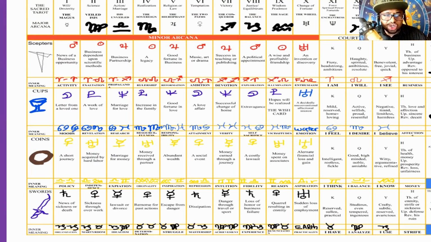Each one of these suits has a certain element that they rule. And when you look at your handout sheets, it'll tell you on there, but the scepters is what is ruling fire. The cups is what is ruling water. The coins is what is ruling air. The swords is what is ruling earth.